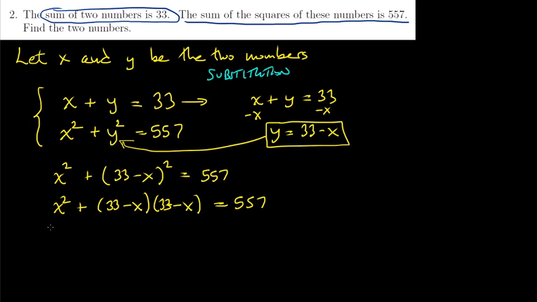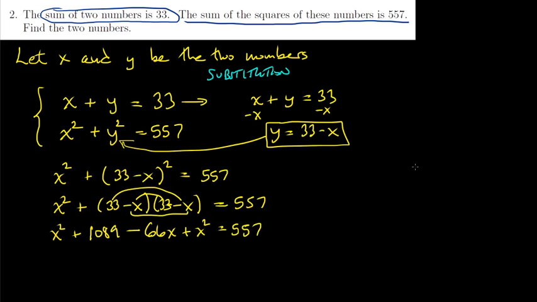Multiply it out. So first, 33 times 33 is 1089. And then minus 33x is minus 66x. And then negative x times negative x is positive x squared.